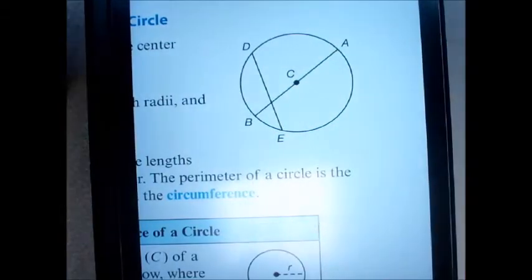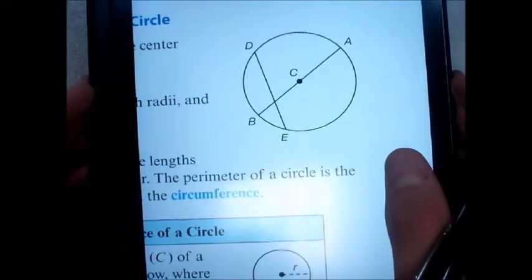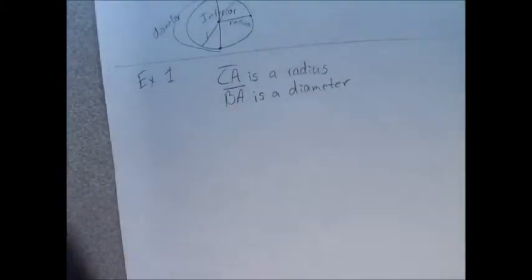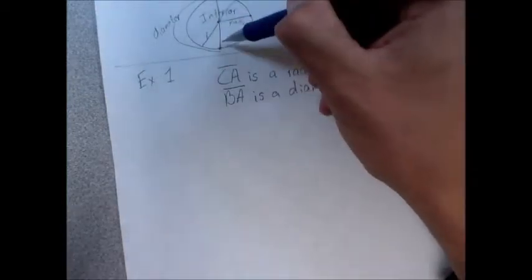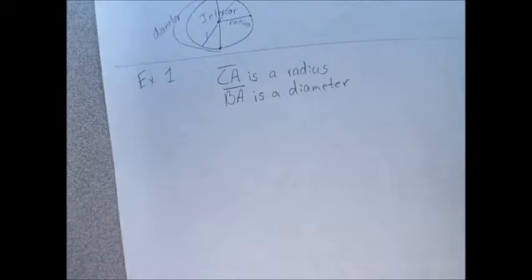Now, let's see if you guys know this one. What is segment DE? It's in the interior, yes, but not what I was asking. I haven't gone over that vocabulary word yet, but I was just wondering if you remembered. Take a look at it. DE connects one side of the circle to the other side of the circle. I will give you a hint. The diameter is a special kind of one. What'd you say, Jaden?